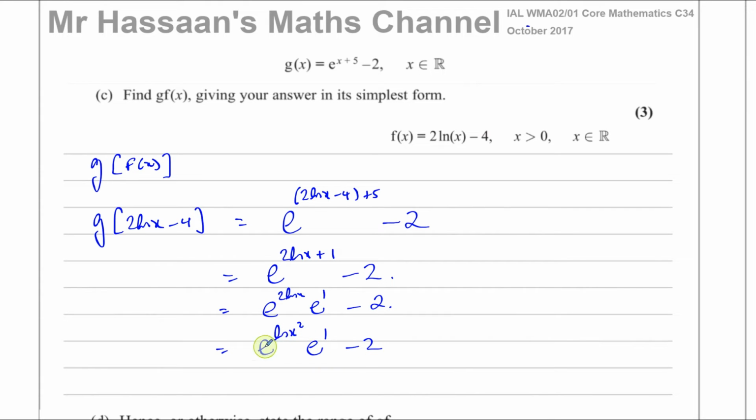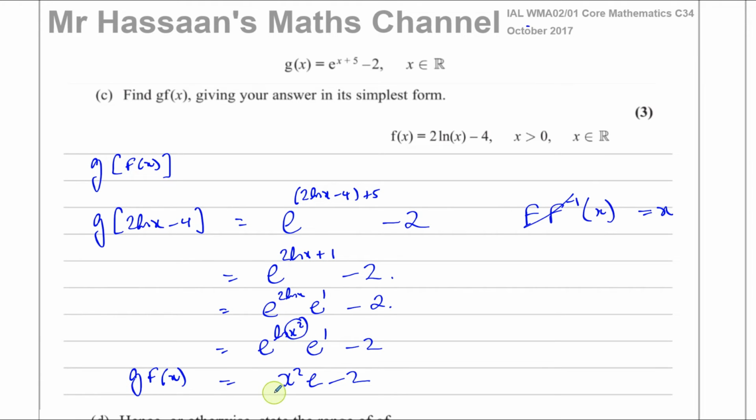Now what happens here is you have e to the power of ln of x squared. e and ln x are inverses of each other. They cancel each other out. So it's like having f and the inverse of f of x. They cancel each other out, leaving you just with the x. So what we're going to be left with here is just x squared. So this is going to become x squared e minus 2. So that is g of f of x.